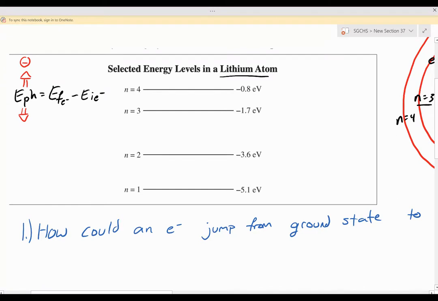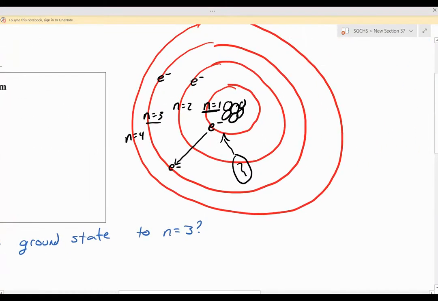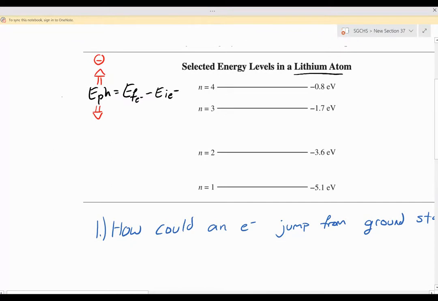It doesn't totally make sense that the energy of a photon is negative, but it all depends on the perspective of what you're talking about. Okay, we're talking about it in the perspective of the atom. That's what this equation is. It's in perspective of the atom.